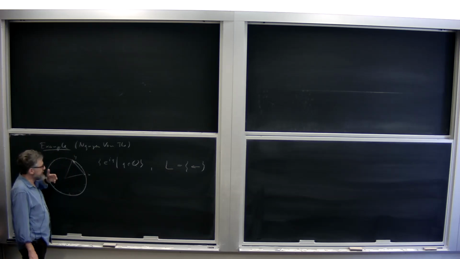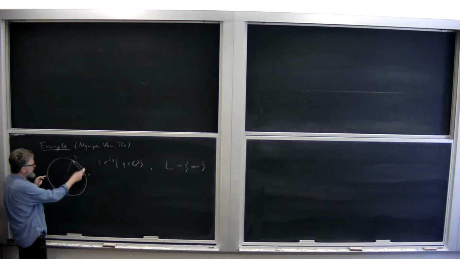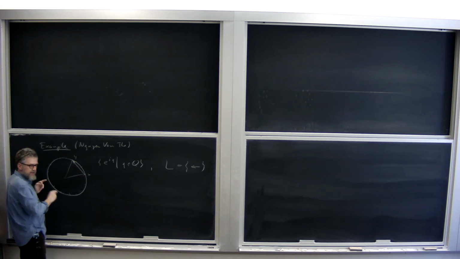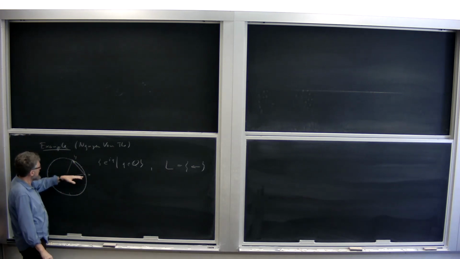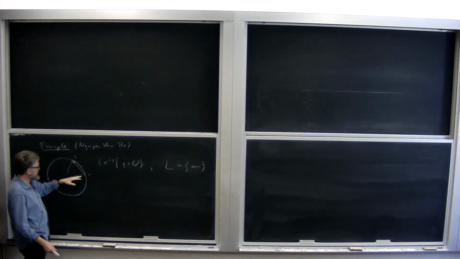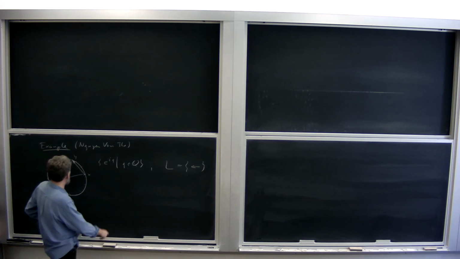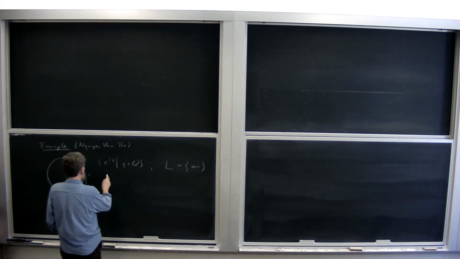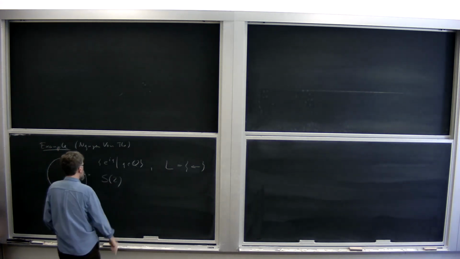One of these 2 angles has to be strictly less than 180 degrees, than pi, because the points are rational, so you never hit exactly 180 because you never get 2 antipodal points. And then we look at which angle was less than 180 degrees, and we put an arrow in that order. So in this situation, the arrow goes from X to Y. This is what this model, we called it S of 2.